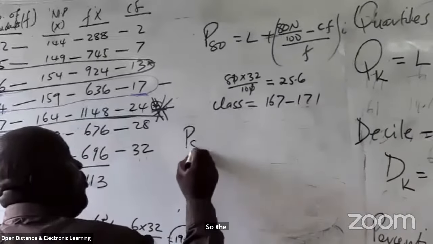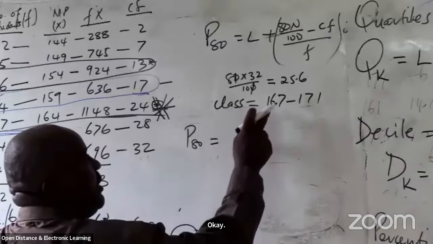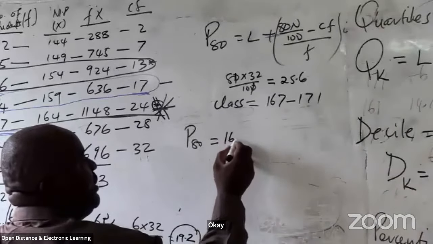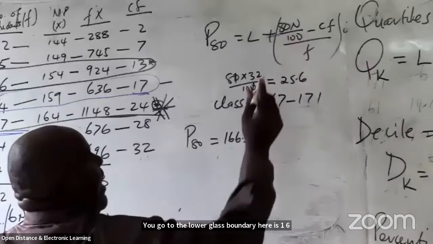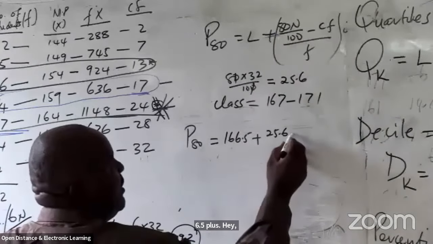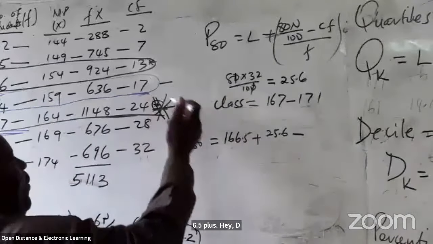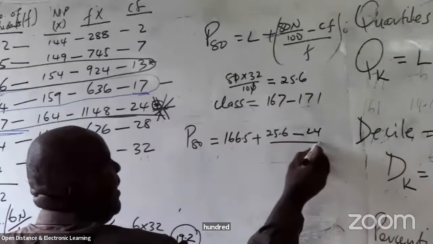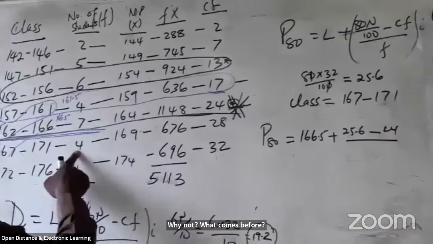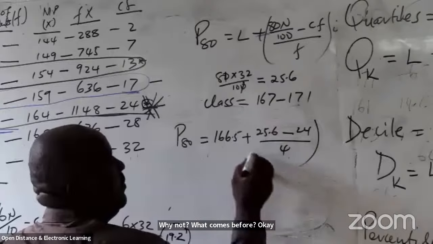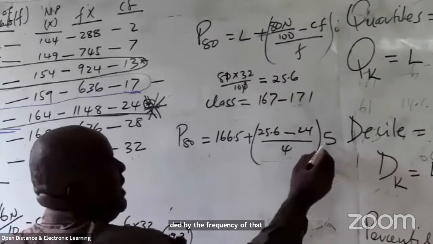And therefore, P80 is equal to the lower class boundary here, 166.5, plus 8n over 100, that's 25.6, minus what comes before, 24, divided by the frequency of that interval, which is 4, multiplied by 5.